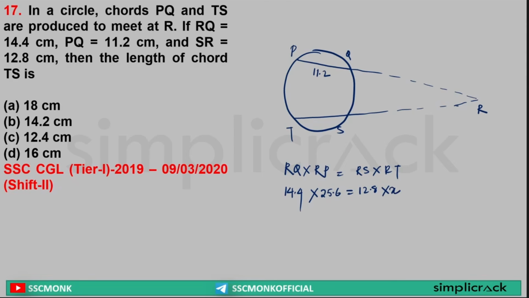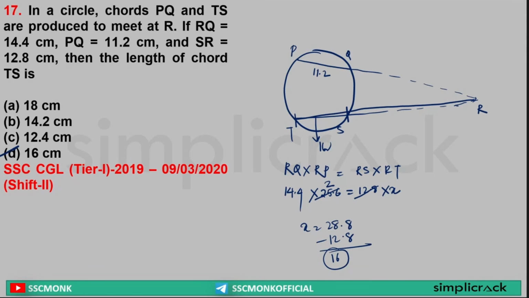Now 12.8 into 25.6 is 256, so the X value is equal to 28.8. Now X is RT. But out of RT, RS is 12.8. So if I take out 12.8 out of it, how much will I get? 16. So 16 is ST. Clear? Option D is the right answer.